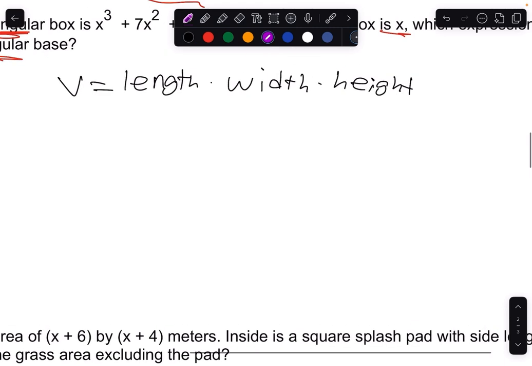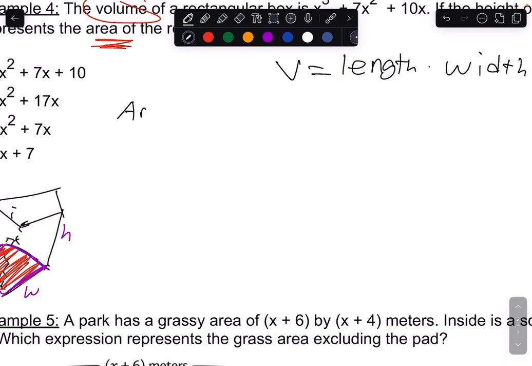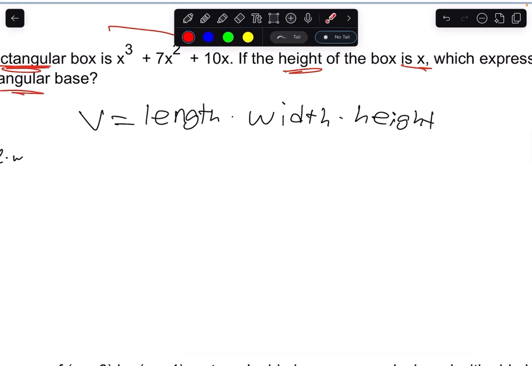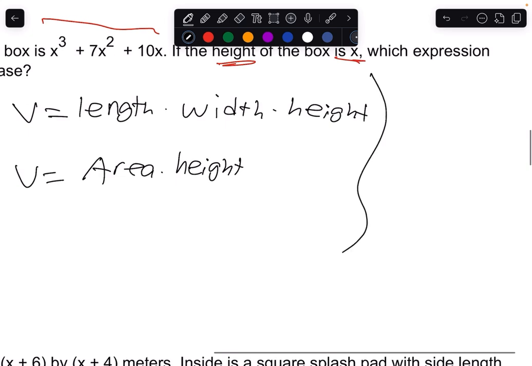I mean, by definition, you know that since the base is a rectangle, the area of a rectangle is length times width. We took the area of your base shape, which is a rectangle, multiplied by the height, and that represents the volume.